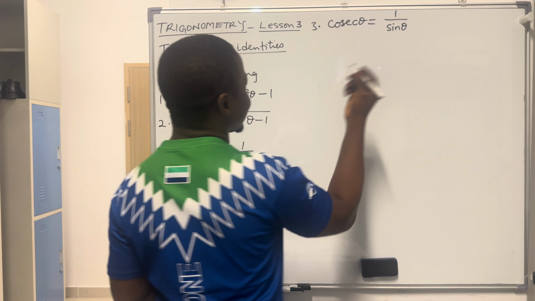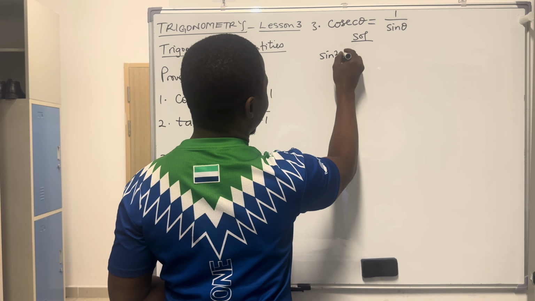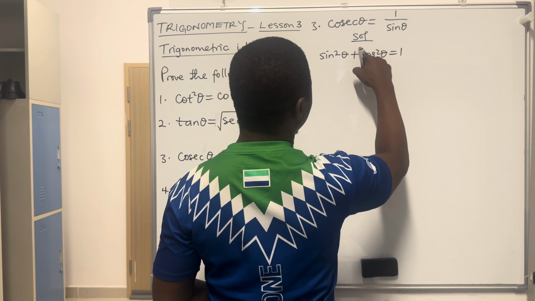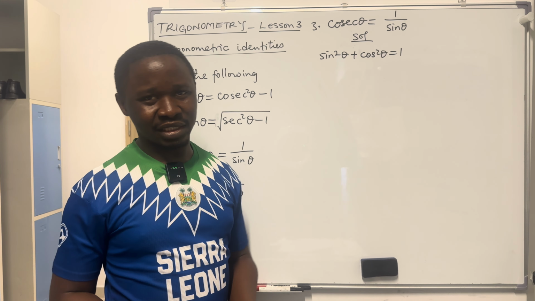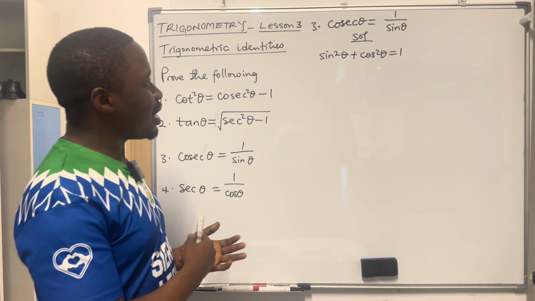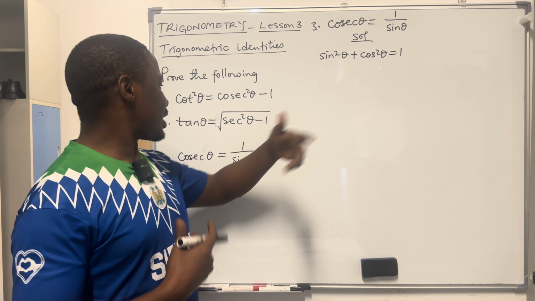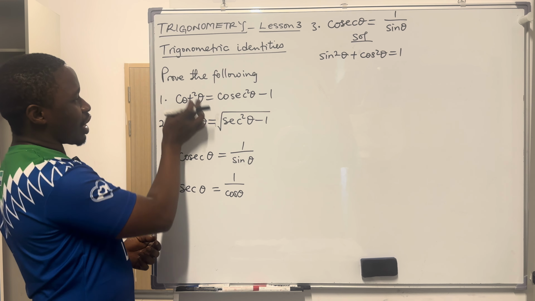Again, we can use the same relation by saying sine square theta plus cos square theta is equal to 1. Mind you, there are different ways we can use to prove an identity. If you are already familiar with the identities, you cannot even start from here. You can start from certain identities, like, for example, cot square is equal to this.